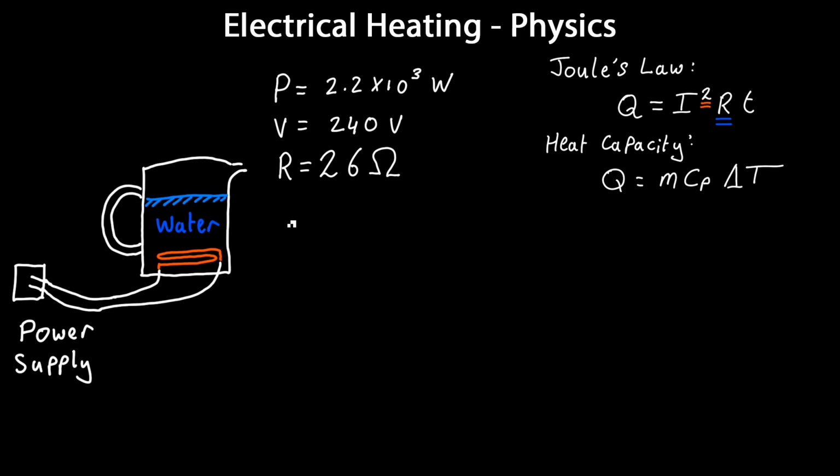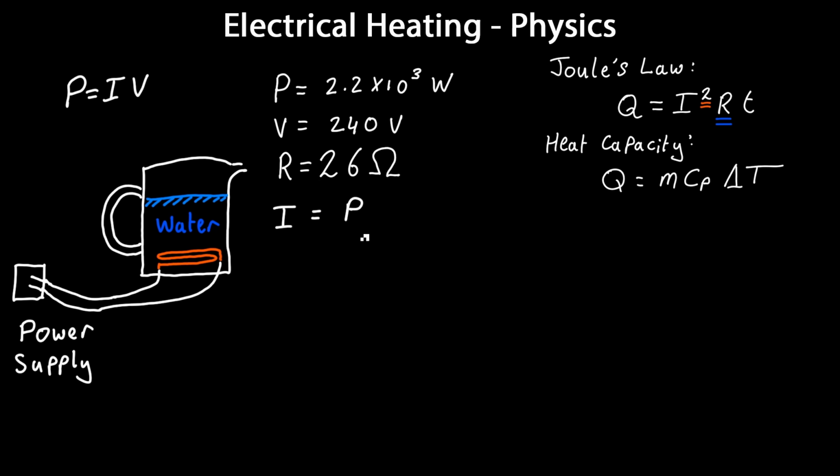So if we use our previous question earlier in the video, we found that the power for our kettle was 2.2 kilowatts when there was a voltage of 240 volts. We worked out the resistance of the heating element to be 26 ohms. Now it's also important to find out the current going through this circuit. And previously in this video, we learnt that the power is equal to the current multiplied by the voltage.